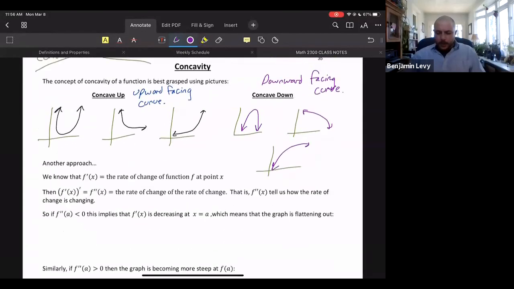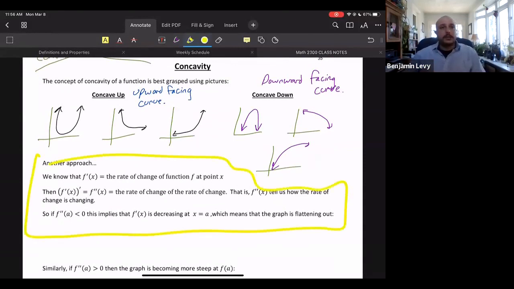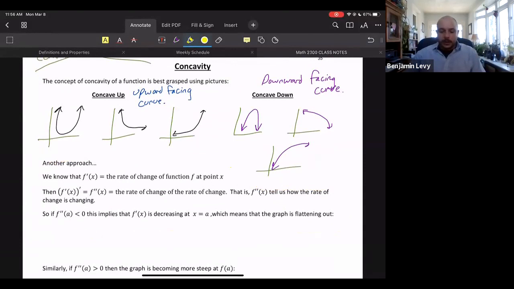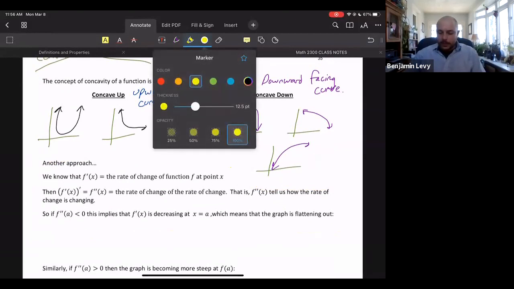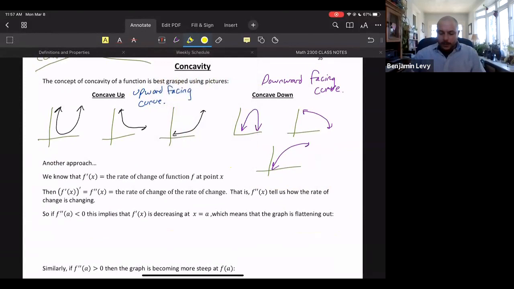Okay. So again, that's sort of the definition, but this is the explanation about why that makes sense, right? So we know this, right? We know that when we do a derivative, it tells us the rate of change. I hope we know that by now. Slope of the tangent line.